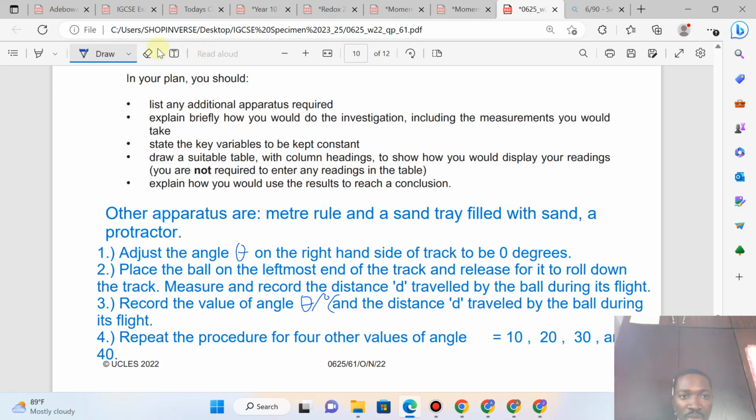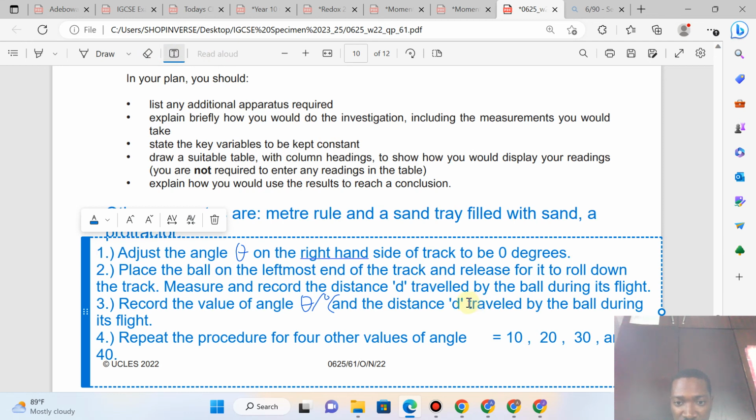So you may just add here that your distance d must be measured in meters. Okay, this is good enough.